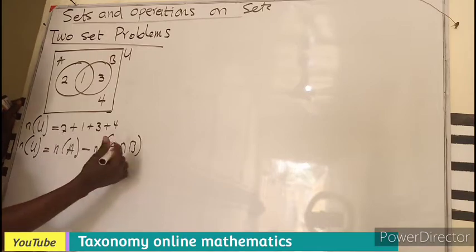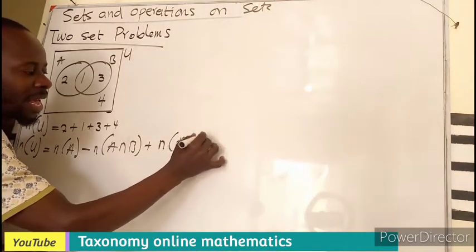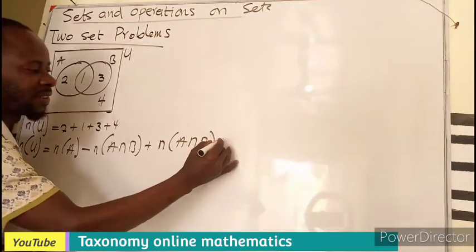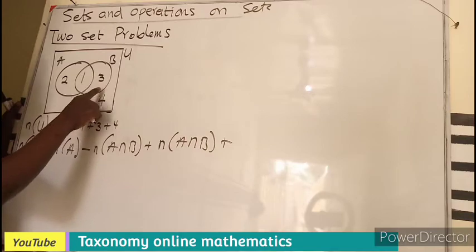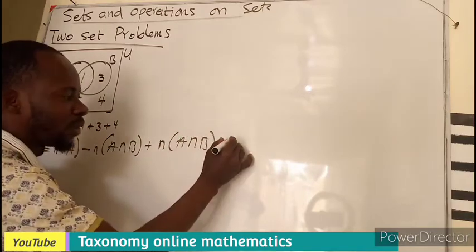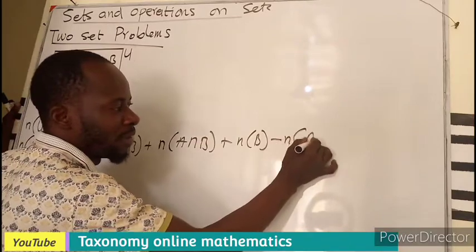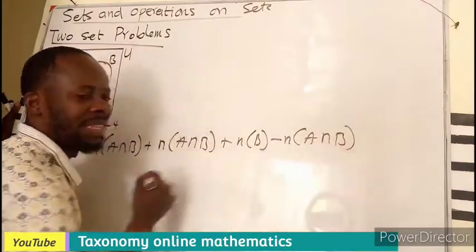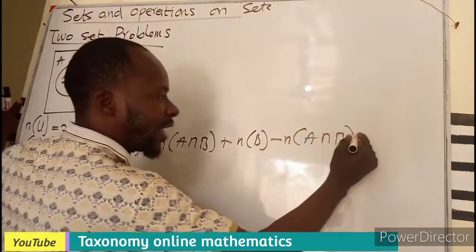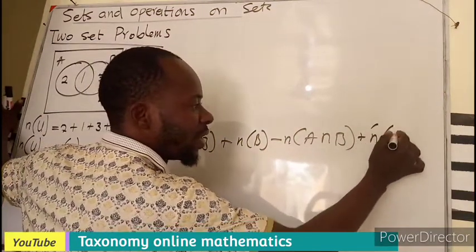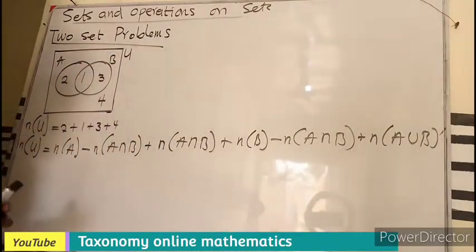Then region 1 is the intersection of A and B, plus region 3, which is the whole of set B minus the intersection, so n(B) minus n(A intersection B). Finally, region 4 will just be the complement of A union B.